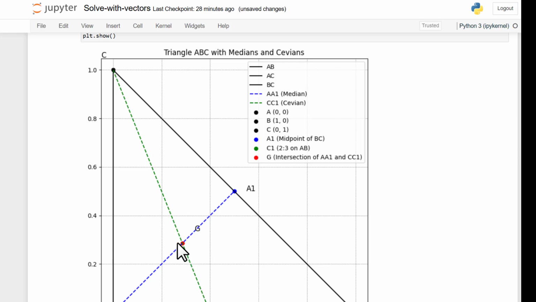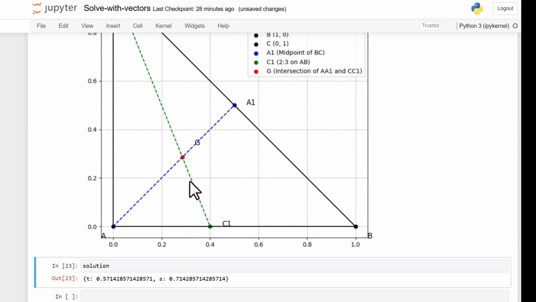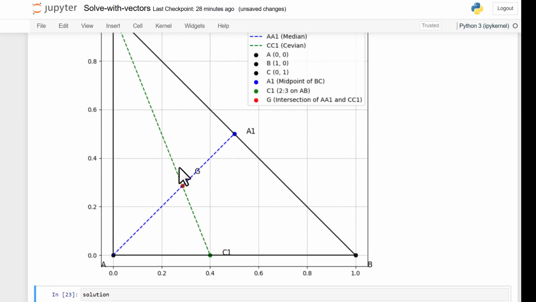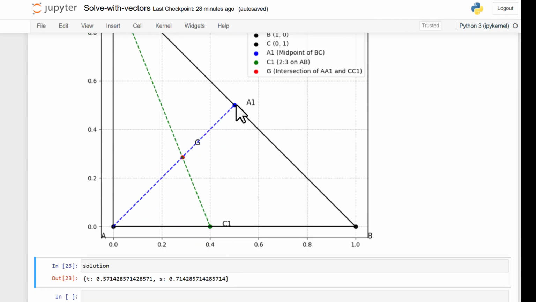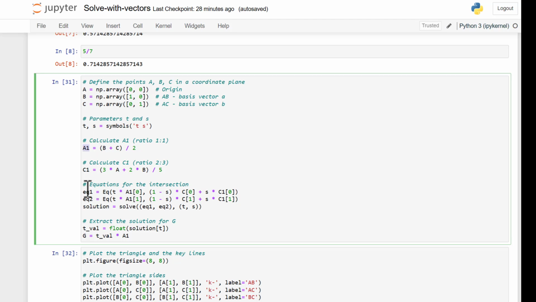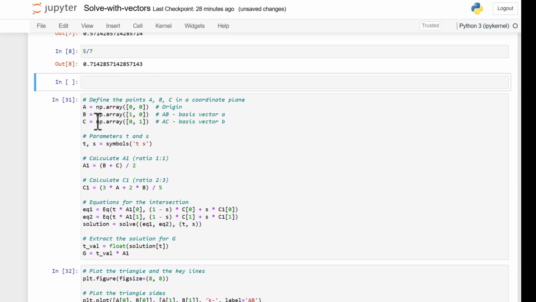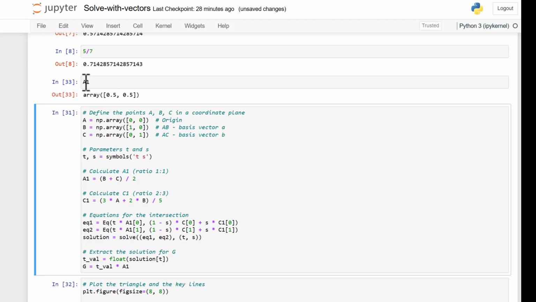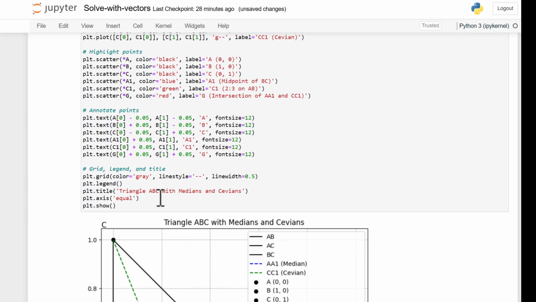And you see the G point. Yes, yeah, actually a nice place. The median is this one, so it is exactly 0.5, as you see here in 0.5. This is what I meant when I showed this one. See, 0.5, 0.5.